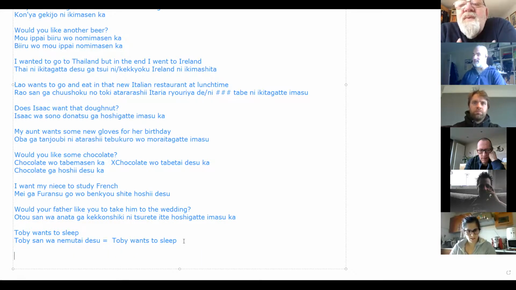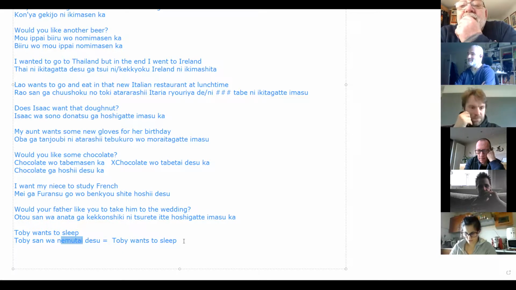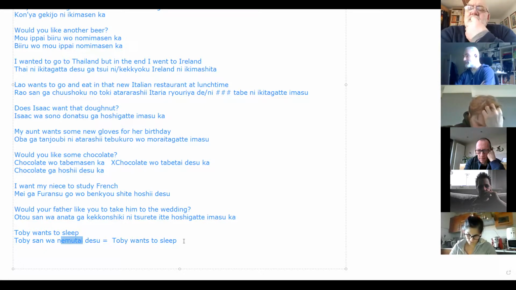This isn't the tai form, because which verb is this being? Oh, nemuru. Nemuru is a group 1 verb. If you want to say I want to sleep, then you'd say nemuritai desu or netai desu.